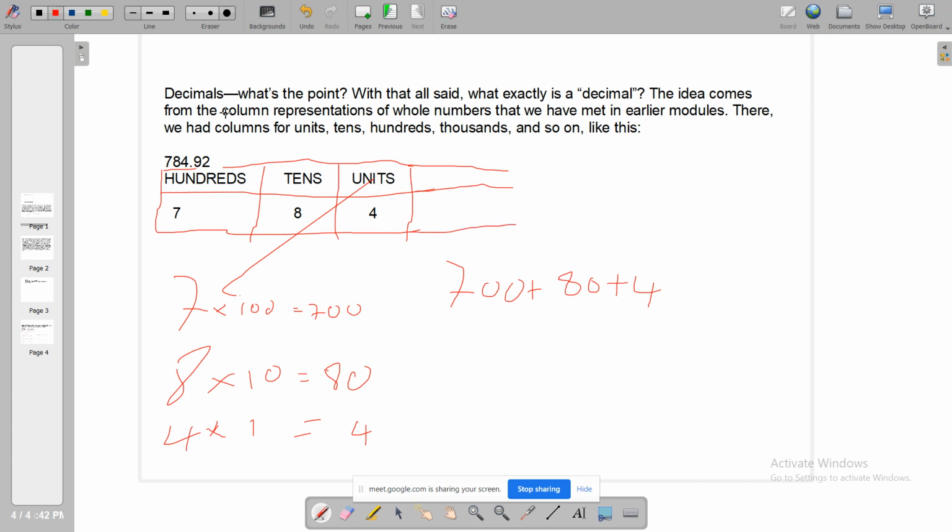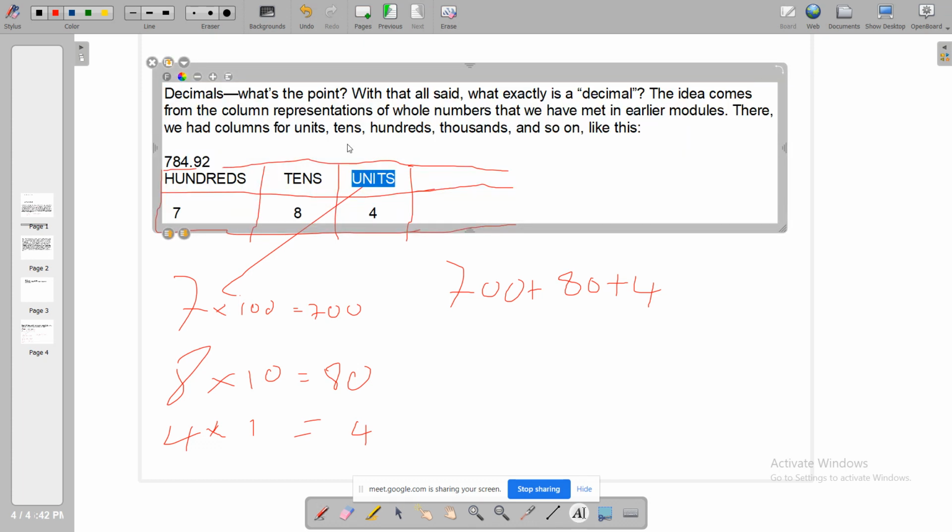And I told you something previously, that after the decimal, so I will write here, so here is going to be after the decimal.